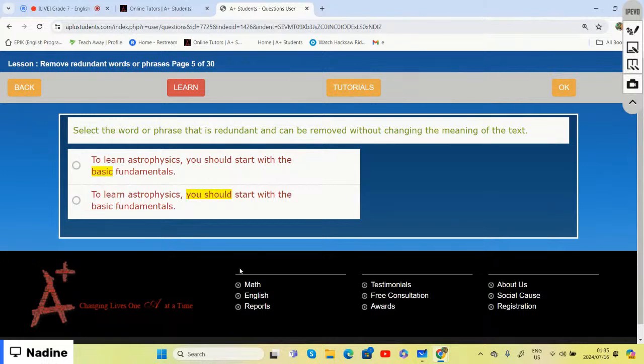It's like a repetitive word. It says to learn astrophysics, you should start with the basic fundamentals. So we need to choose either basic or you should.